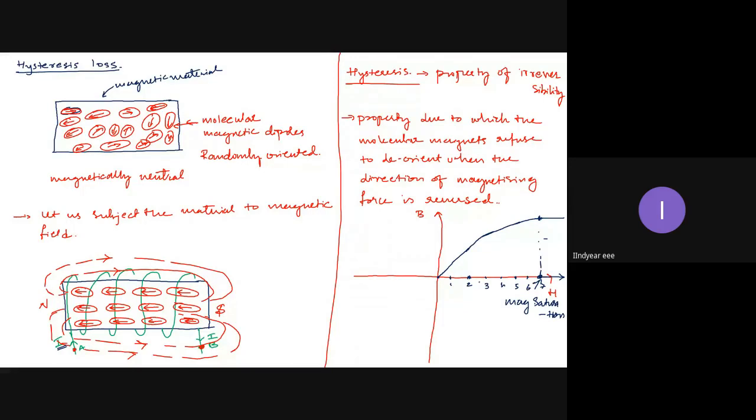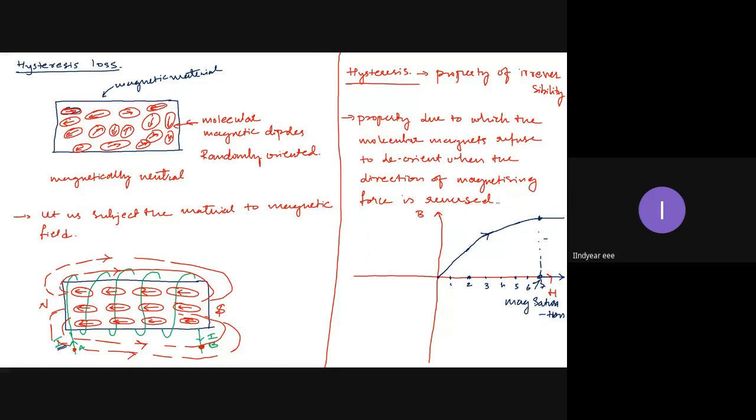So I increased the magnetizing force in 7 steps up to saturation. This is the magnetizing curve. This is called the magnetizing curve because I am making the magnetically neutral material into a magnet.